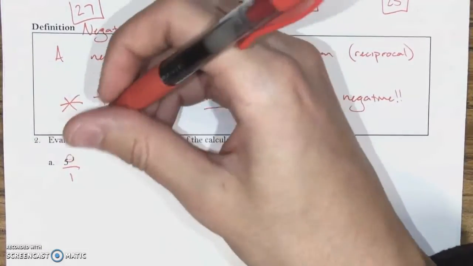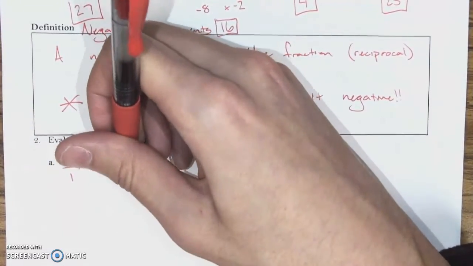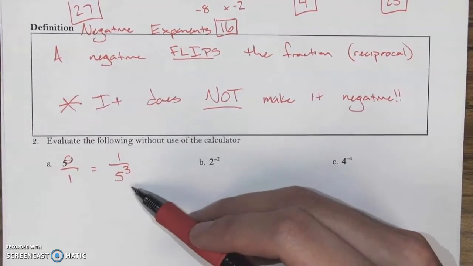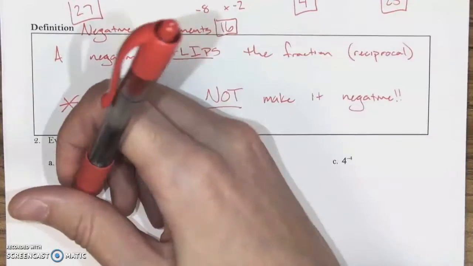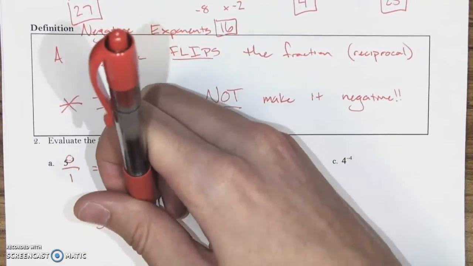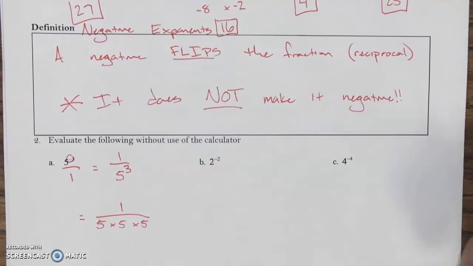So 5 to the negative third is 1 over 5 to the third, the positive third. And this, 5 to the third, we know how to evaluate. We can rewrite that as 5 times 5 times 5, 3 times. And that's all in the denominator of our fraction.